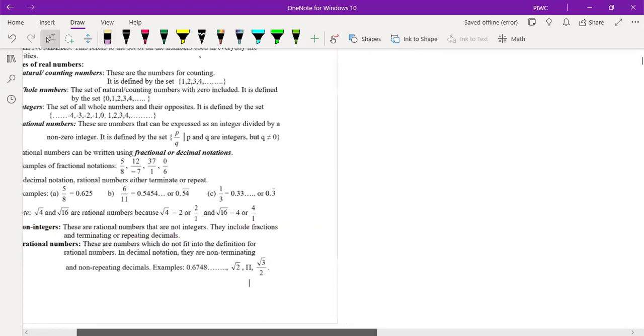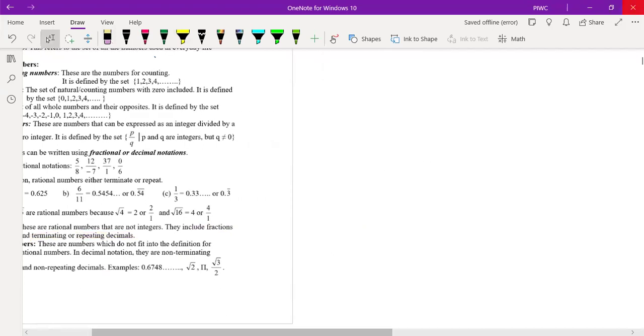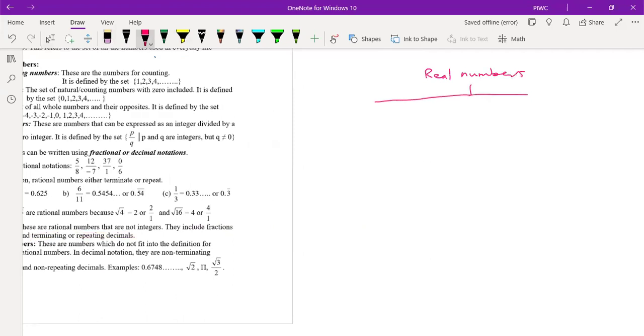So to summarize, we can create a flow chart. We start with real numbers. Then we break this down into numbers that are rational and numbers that are irrational.